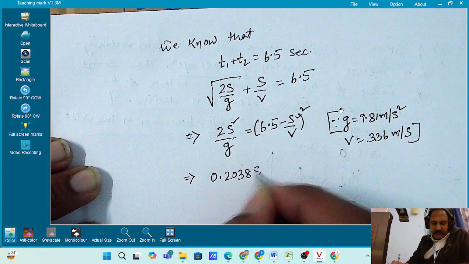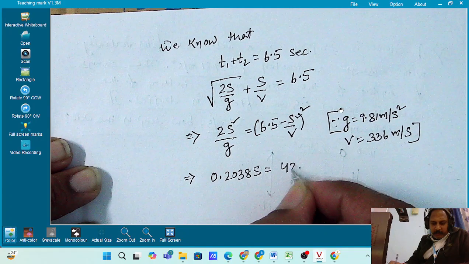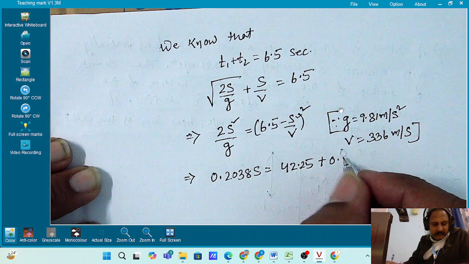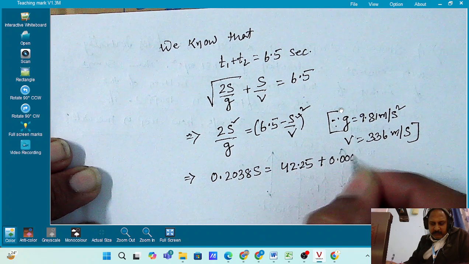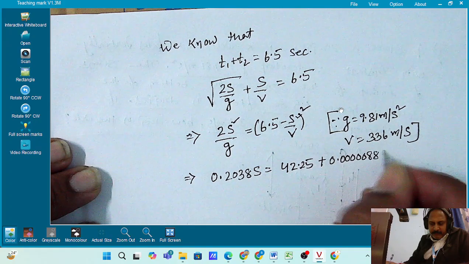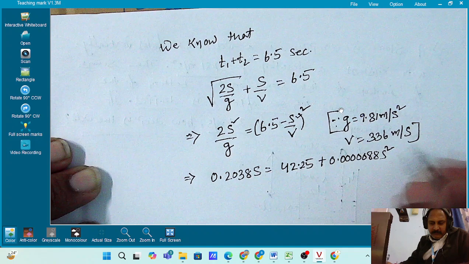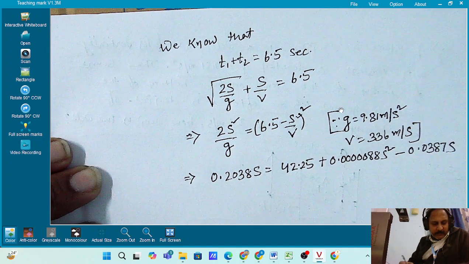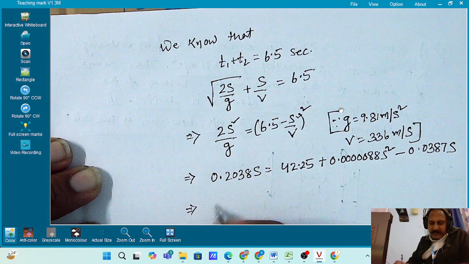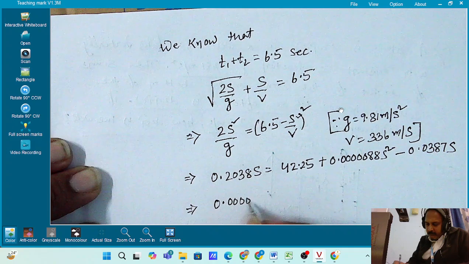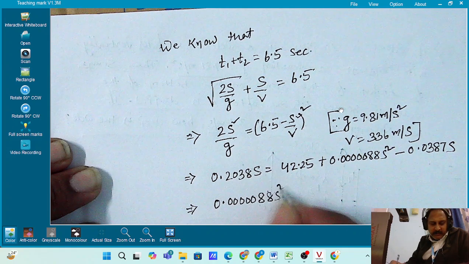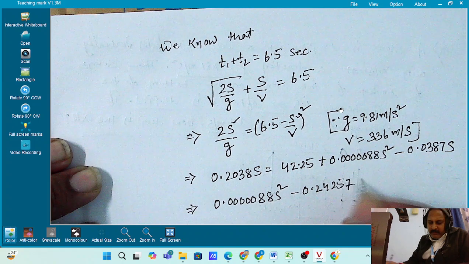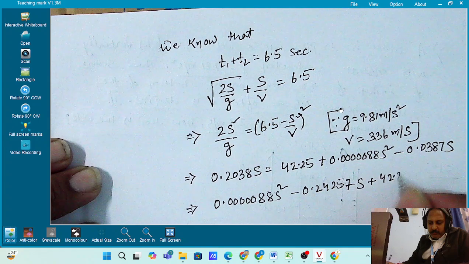After substituting, we get this equation: 0.2038 S is equal to 42.25 plus 0.12345 S squared, minus 0.0387 S. So this is somewhat like a quadratic equation, which rearranged reads 88 S squared minus 0.24257 S plus 42.25 is equal to 0.